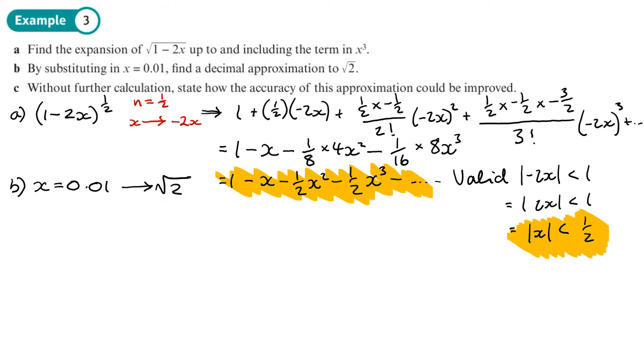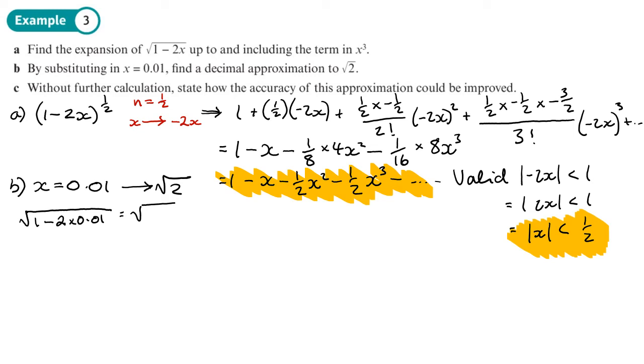The first thing we're going to do is look at what happens when I substitute 0.01 into the left hand side of the expansion.